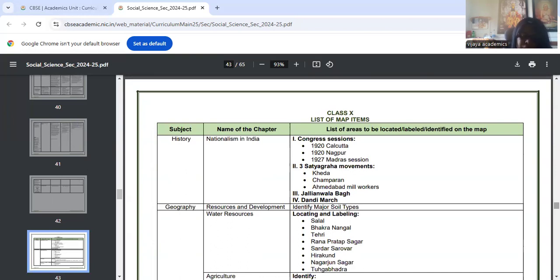Now, history. The most important topic is nationalism in India. In this list, the areas to be located, labeled, identified on the map are given. Congress stations: 1920 Calcutta, 1920 Nagpur, 1927 Madras.